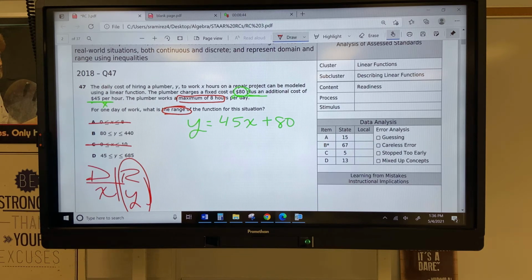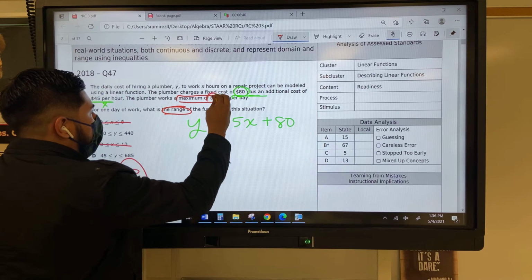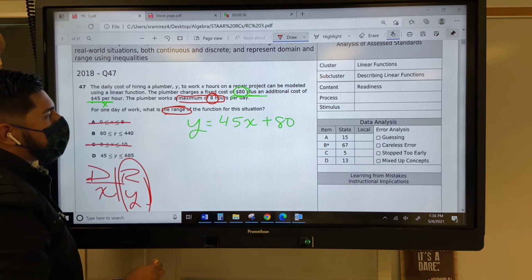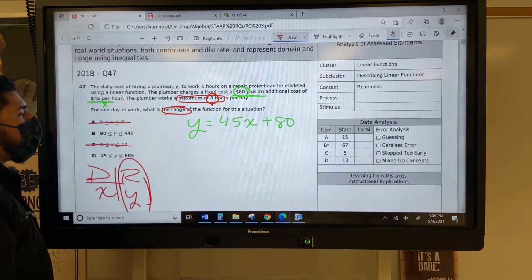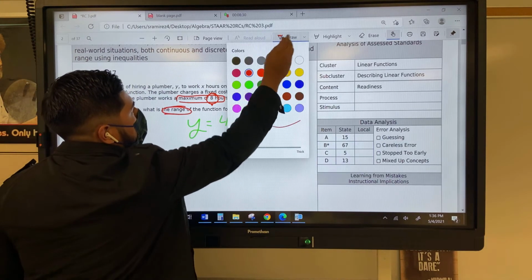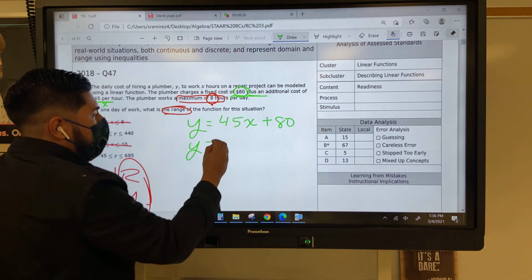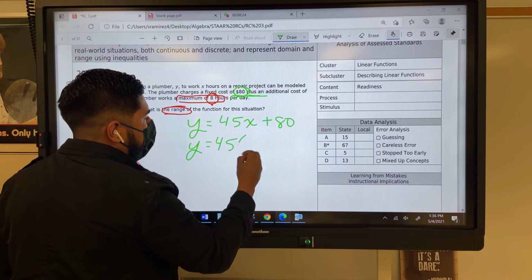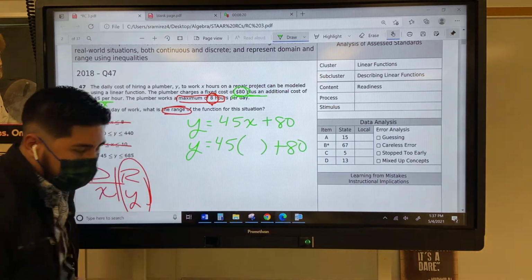Next, since I can use 8 as my hours, I can input this in my equation to get out my highest Y. So let's do it. Y equals 45 parentheses plus 80.